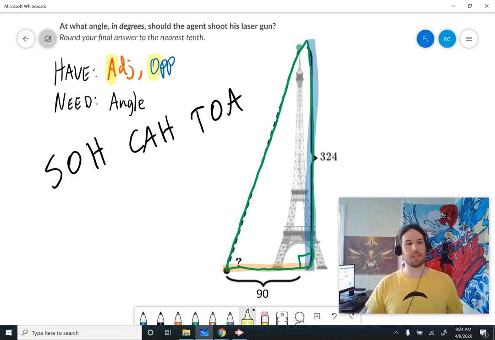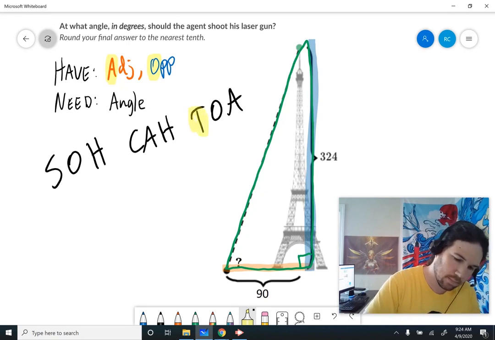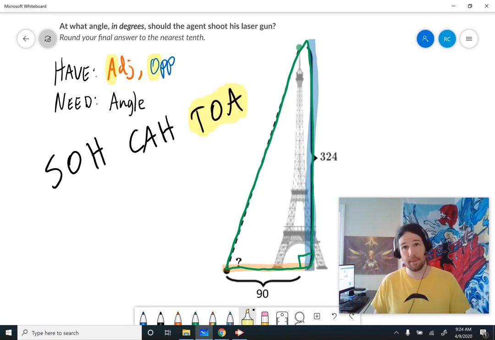Which one of these has the two things that we've got? It's tangent. Again, we're going to see tangent a lot. It's probably the most common of the three, but don't quote me on that. Like the most commonly used of the three.